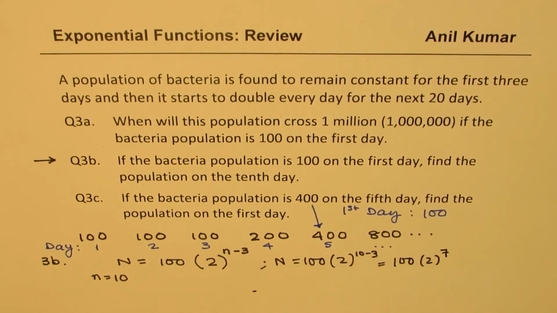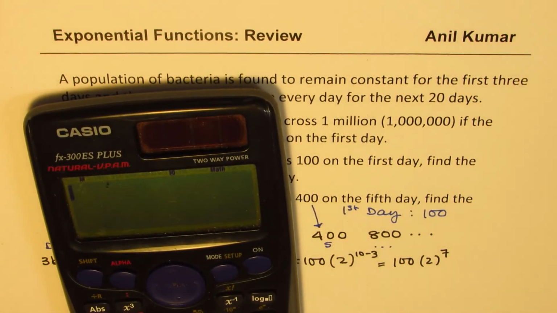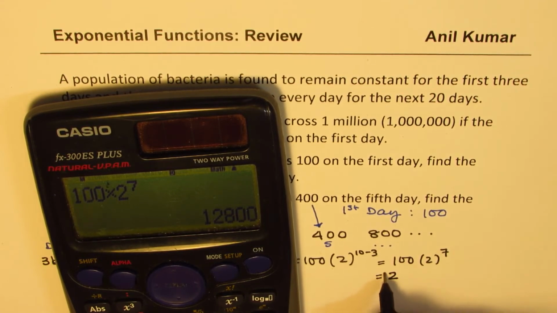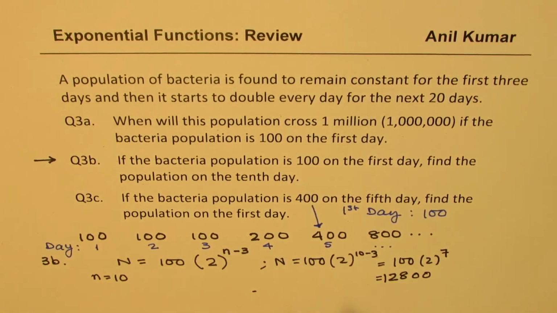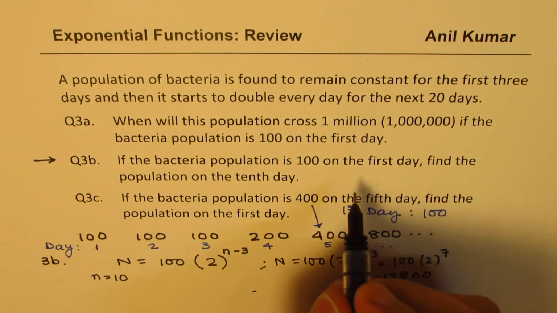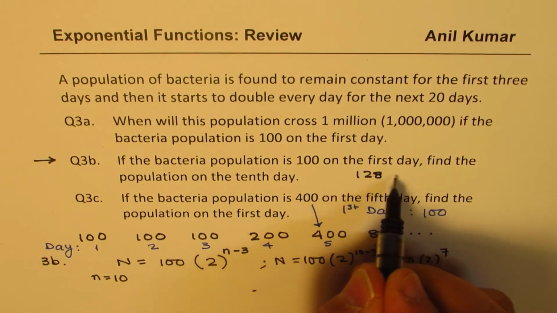We can calculate using the calculator, and that is equal to 12800. So 12800 is the number of bacteria on the 10th day. So that's our answer for part B.